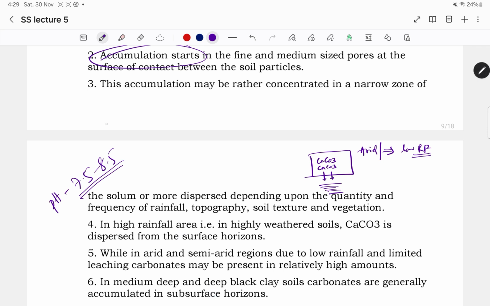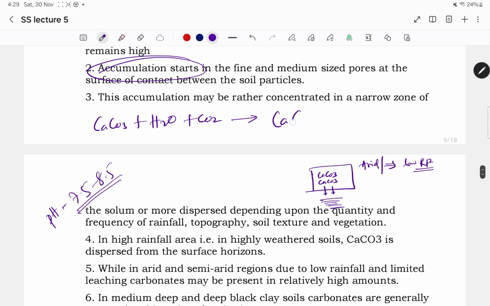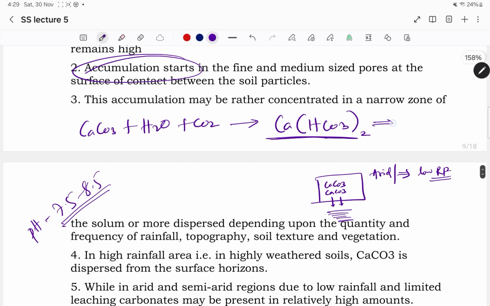For example, if there is CaCO3 in the soil, it combines with whatever water is present in the soil and the carbon dioxide present in the soil. It forms calcium hydrogen carbonate. Calcium hydrogen carbonate increases the pH.